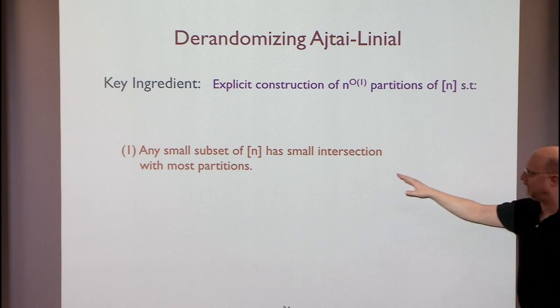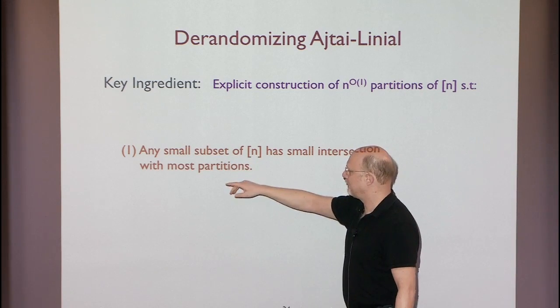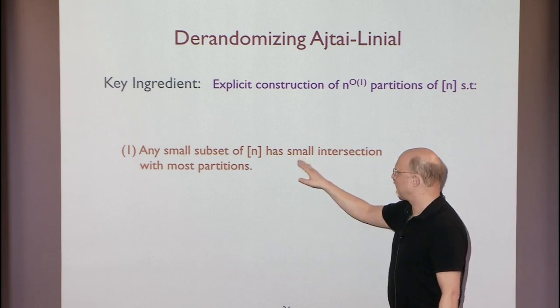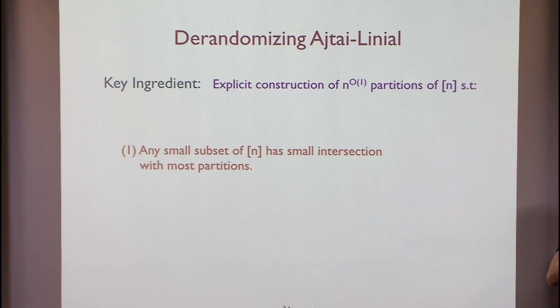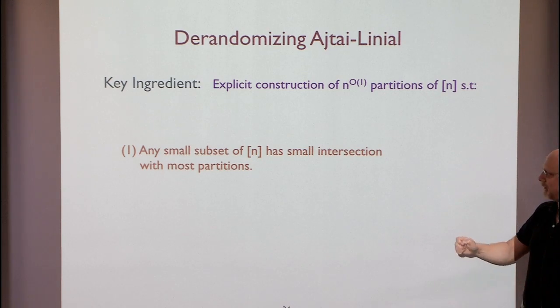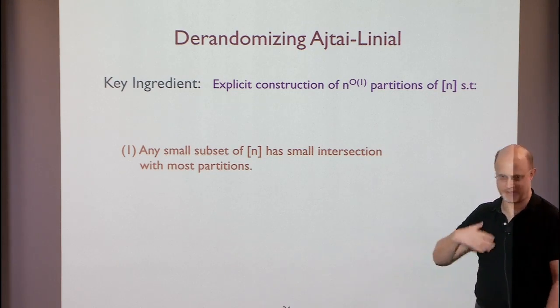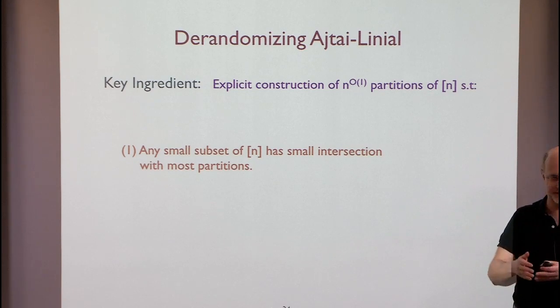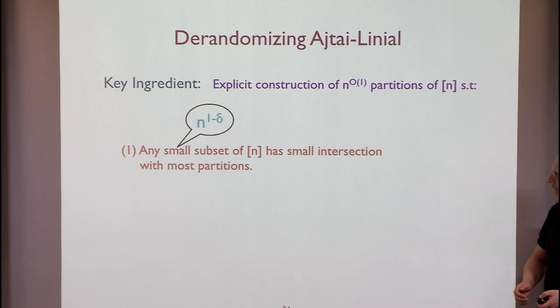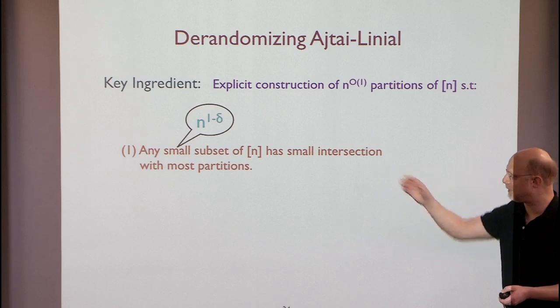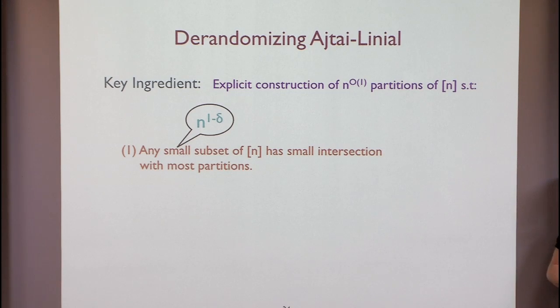What I mean by that is, we'll say it has a small intersection with a partition if it has a small intersection with every block in that partition. So for most partitions, the adversary shouldn't be able to have significant influence over any one block. And by a small subset, I mean size n to the 0.99.